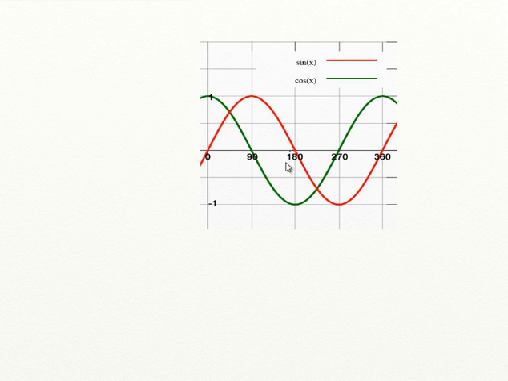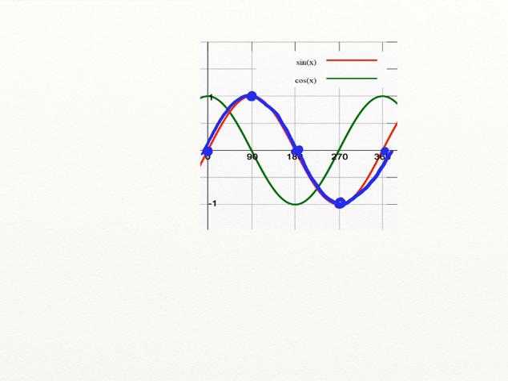So these are the formal sine and cosine functions. Again, how do you draw them? Well, the sine function, the red one, notice that it starts and it has 3 zeros at 0, 180, and 360. It has a maximum at 90 and a minimum at 270, and you sketch it with a nice smooth curve.